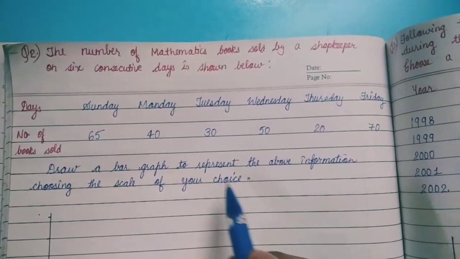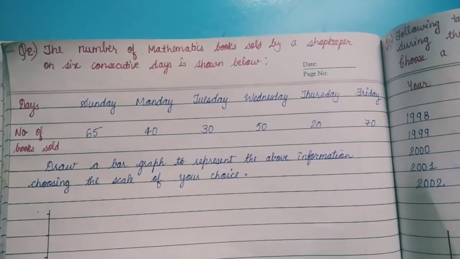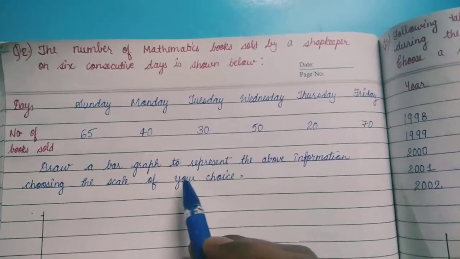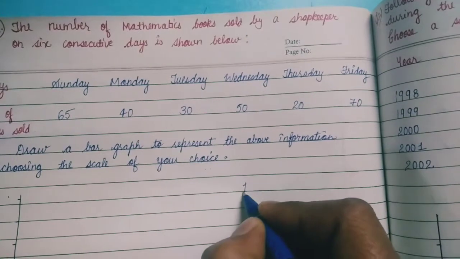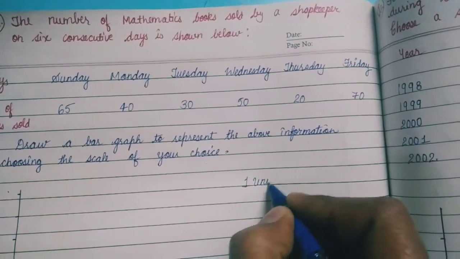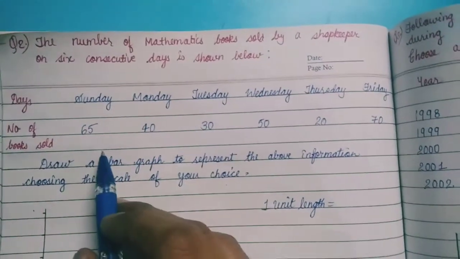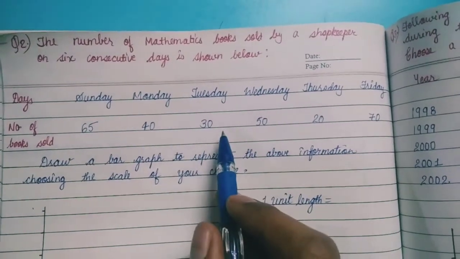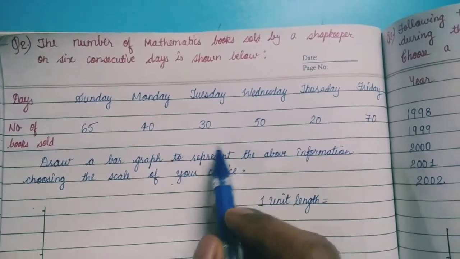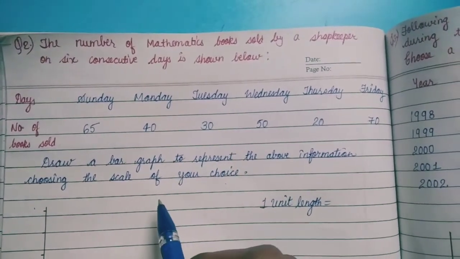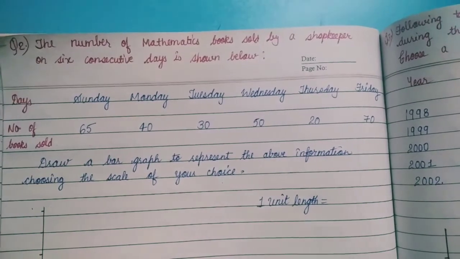Here we can choose the scale by our convenience. First of all we need to show 1 unit length. This time we can choose anything: 5, 10, 20, 100, whatever is our choice.